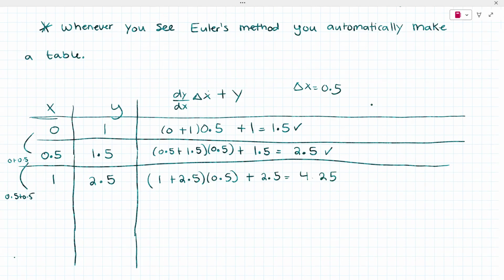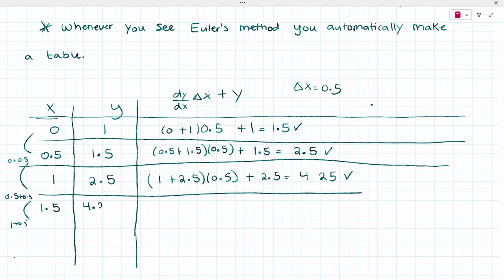Okay, keep on going. The next x value would be 1 plus 0.5, which is 1.5. What's our y coordinate? It's this answer, so that would be 4.25. And then same process, add the x and y.